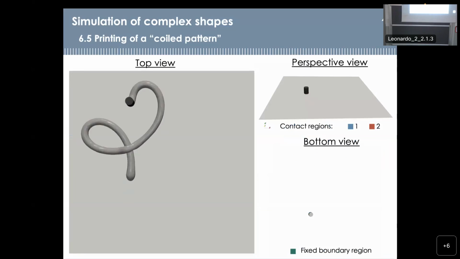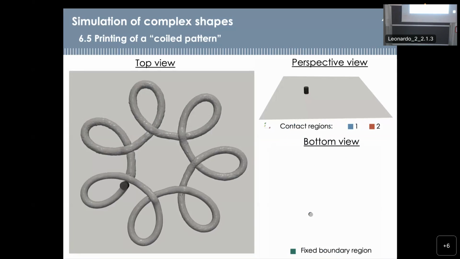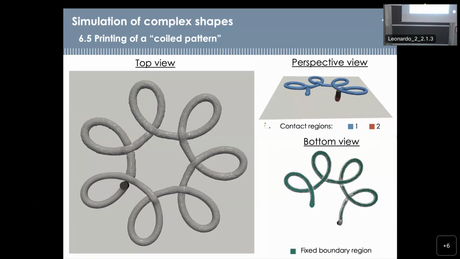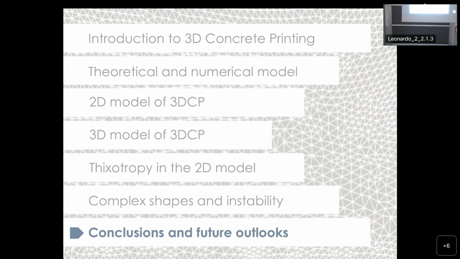Here we have the top view of the print. Then there are two smaller views, I don't know if you can see them. On the top, there is something related to contact. In this case, the contact algorithm is not really between two different layers, but between two different portions.